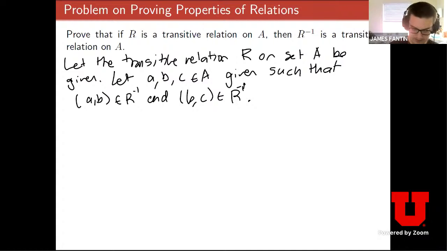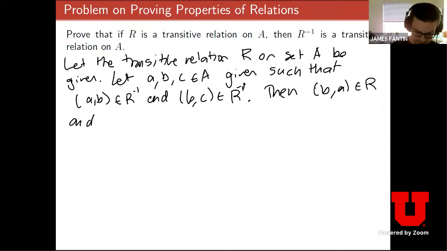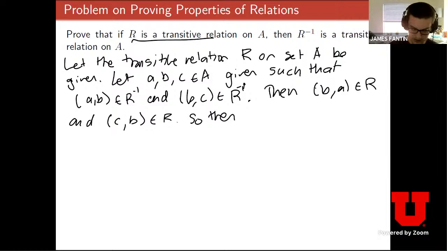First, let's utilize the fact that (a, b) is in the inverse relation. That tells us that if (a, b) is in the inverse, then (b, a) must be an element of R, and (c, b) is an element of R, just using the property of the inverse. Then we were given that R was already a transitive relation. So we've got c is related to b, b is related to a, so c is related to a.